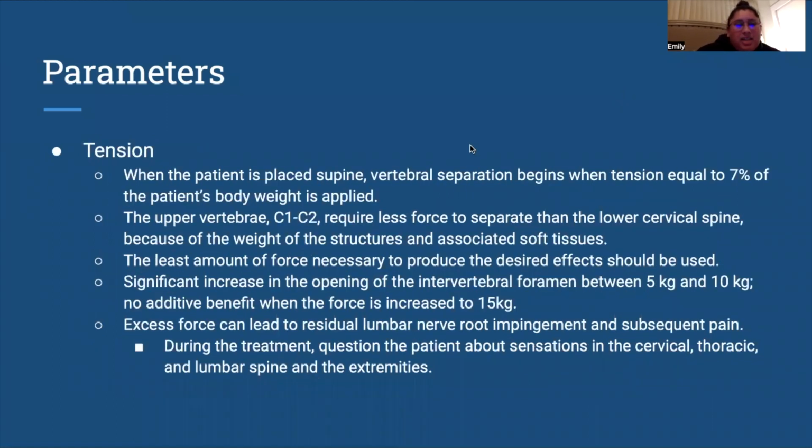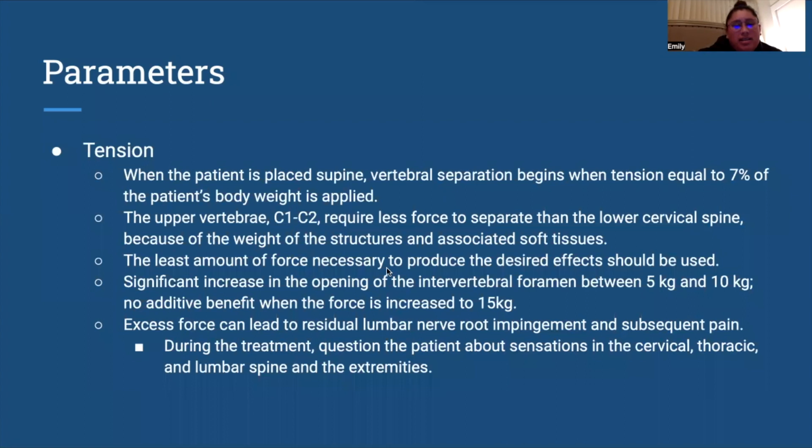And then tension: when the patient is placed supine, vertebral separation begins when tension is equal to about 7% of the patient's body weight. The upper vertebrae, so C1 and C2, require much less force to separate than the lower cervical spine would because of the weight of the structures and the associated soft tissues.